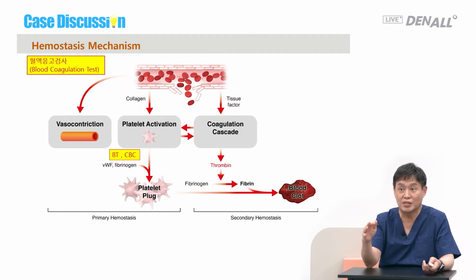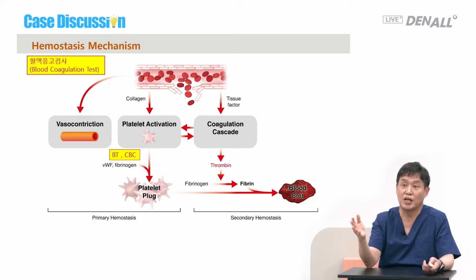Normally, it should range from 150 to 400,000. When the platelet count is less than 100,000, hemostasis cannot occur properly, leading to thrombocytopenia. PT and APTT, prothrombin time.